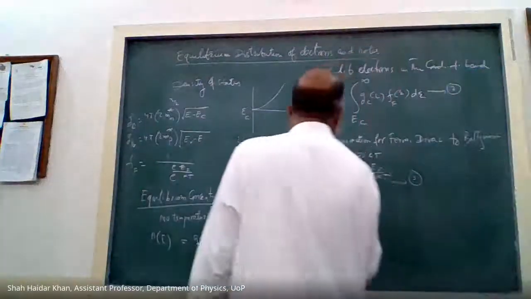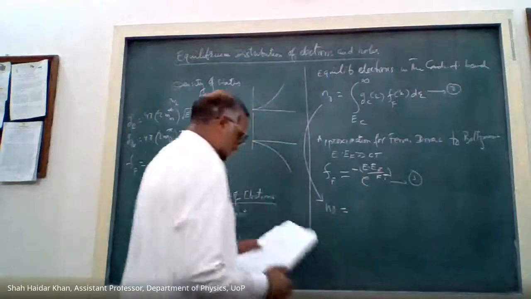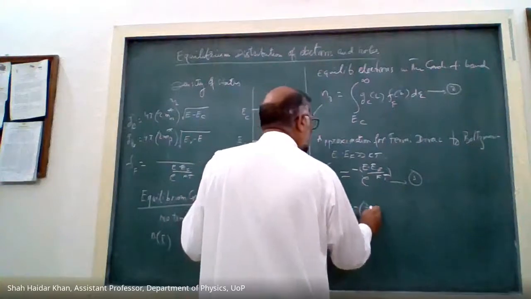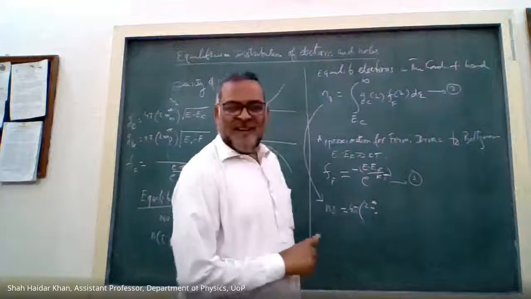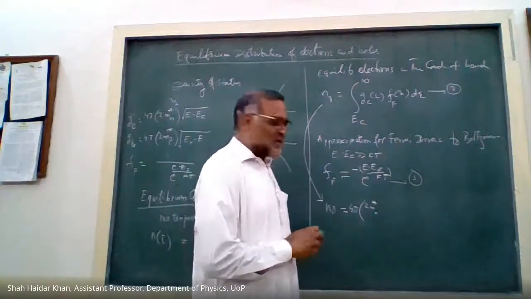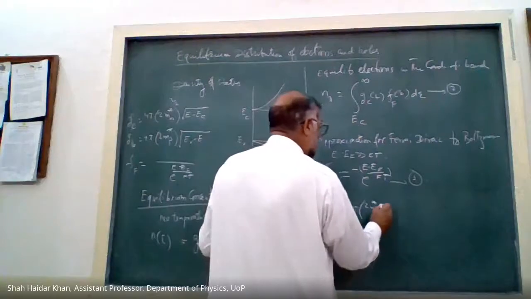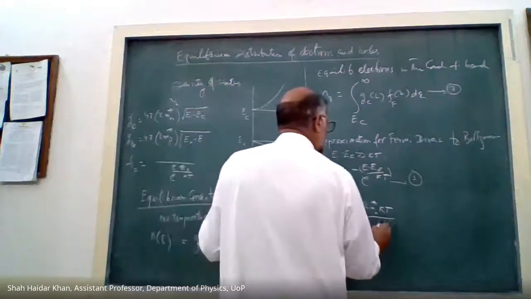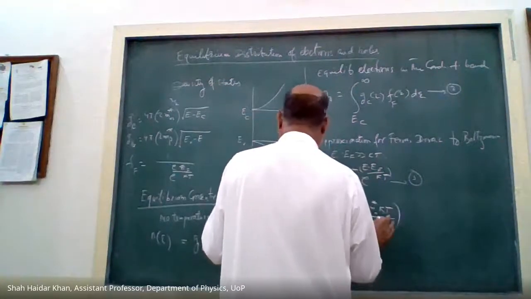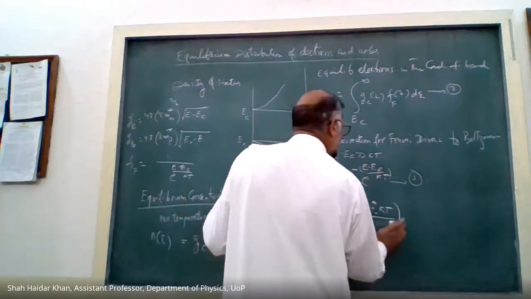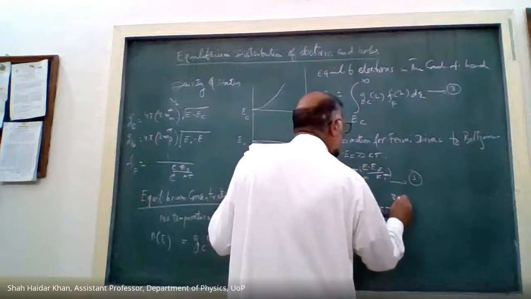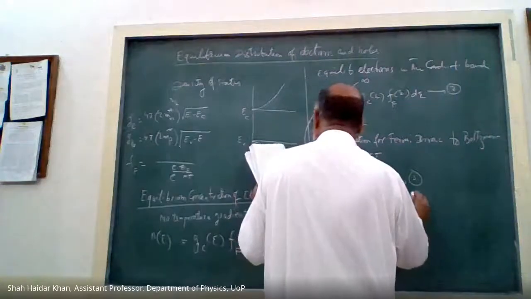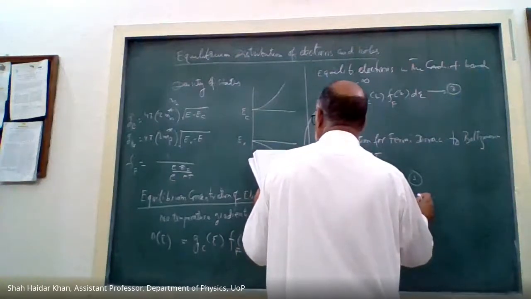Okay, now n naught can be written as 4 pi, 2 Mn, where Mn is the effective mass of electrons, and KT, divided by h cubed, e to the power minus.